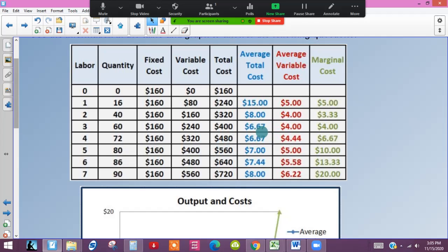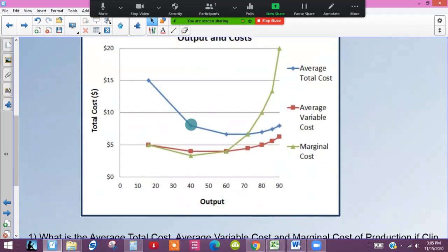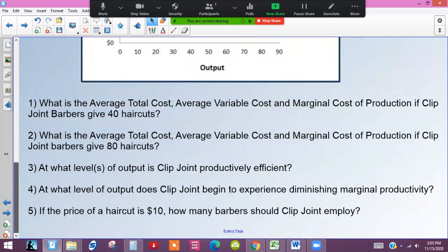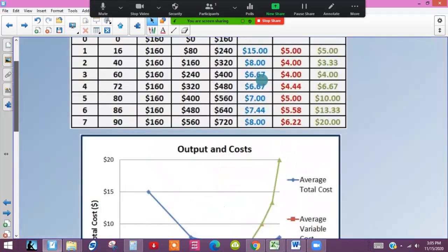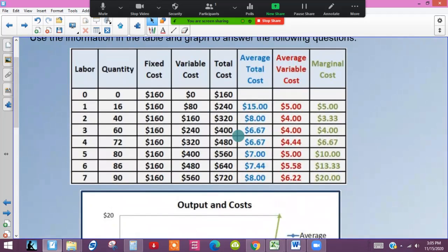And that would be, looking at a graph right here, this area right there where it's at its minimum. Okay. So the reason I said levels is because it would be in between 60 and 72.